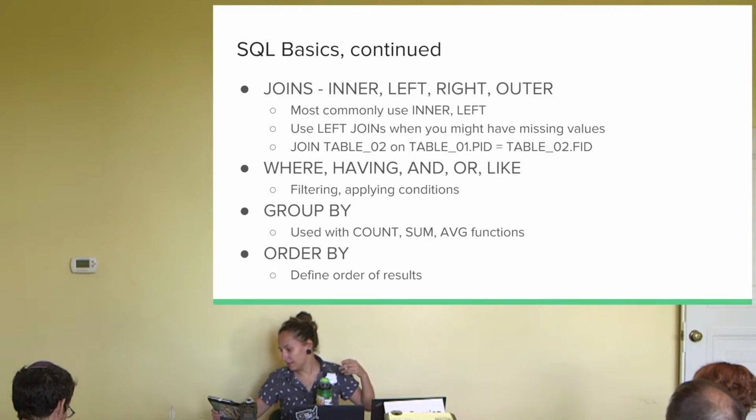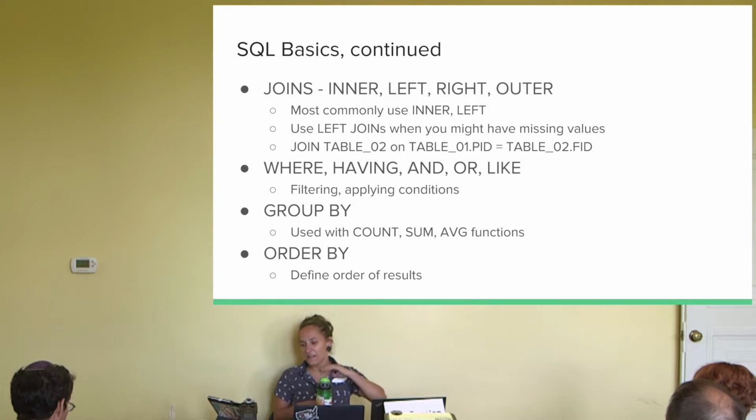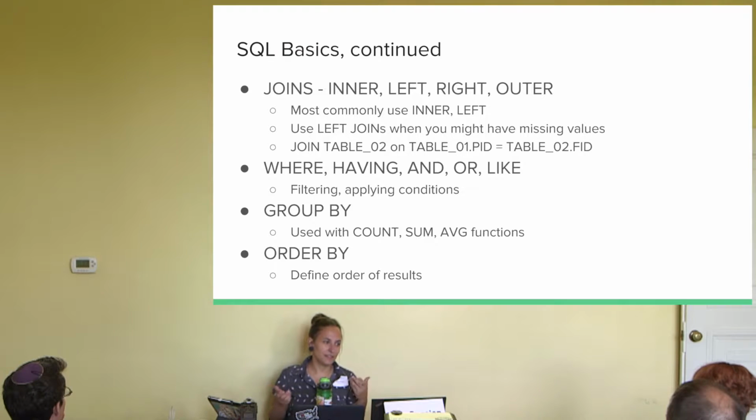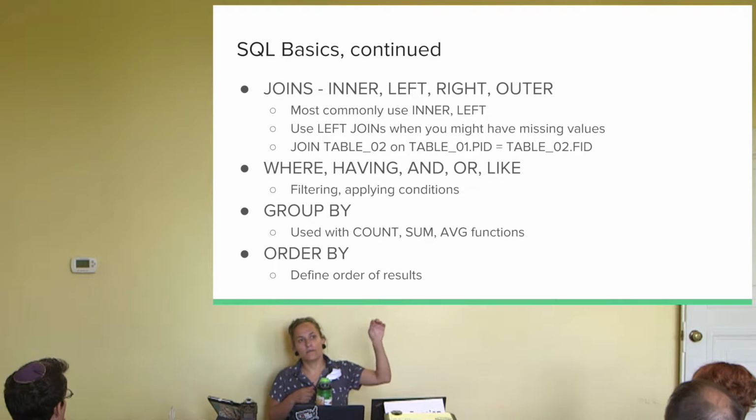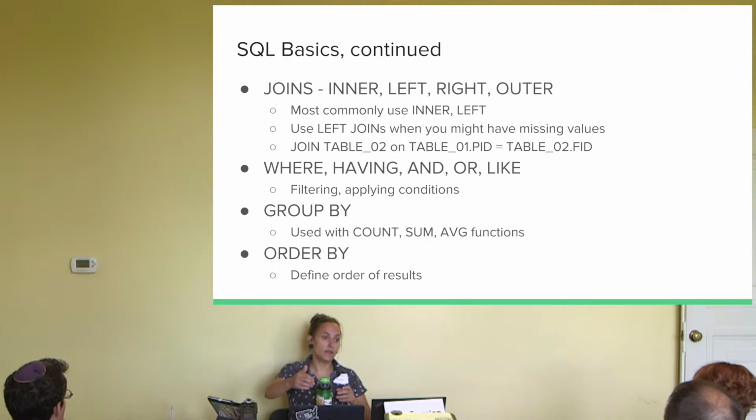Basically, the left join retrieves all rows from the left table, which kind of seems weird, but it's the one that's selected. If you do a left join, it's going to use the table that you select from, and it's going to get all of those rows and then all matching rows plus any null values from your other table.